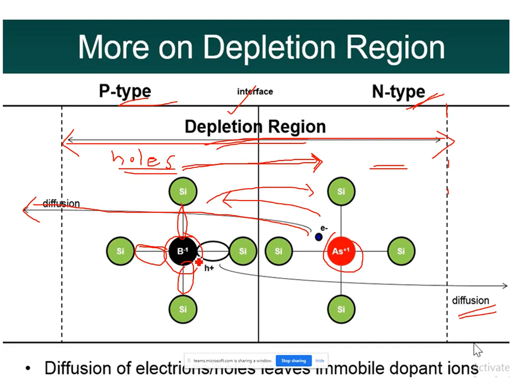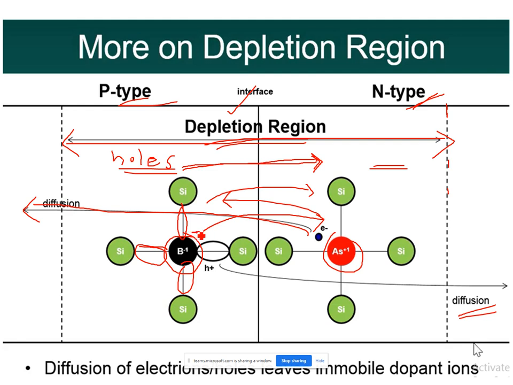So some bonding is there with the boron atom, and as soon as the hole moves towards the n-type material, it is developing some charge across it.